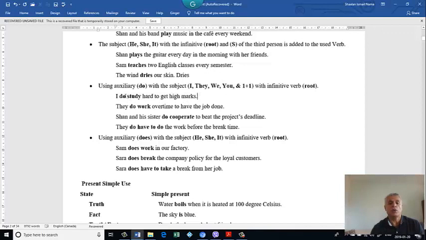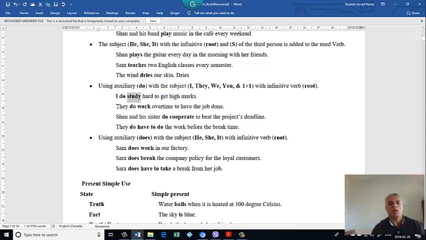We only use do to put more assurance on the verb, that 100% we study hard to get high marks, because here this do works as an auxiliary verb, and at the same time we have the main verb also, study.